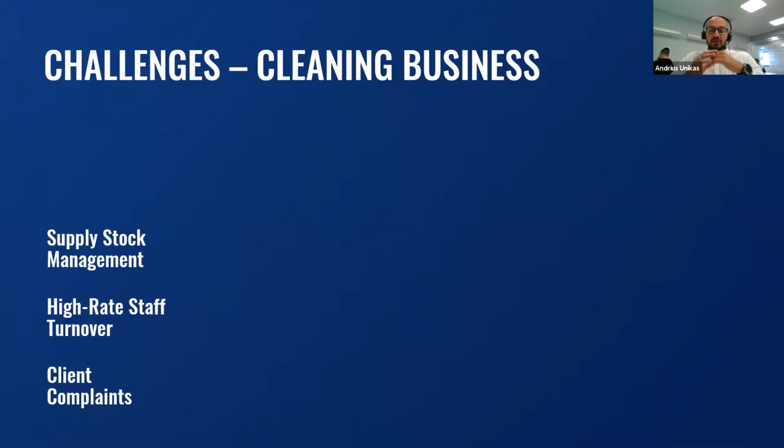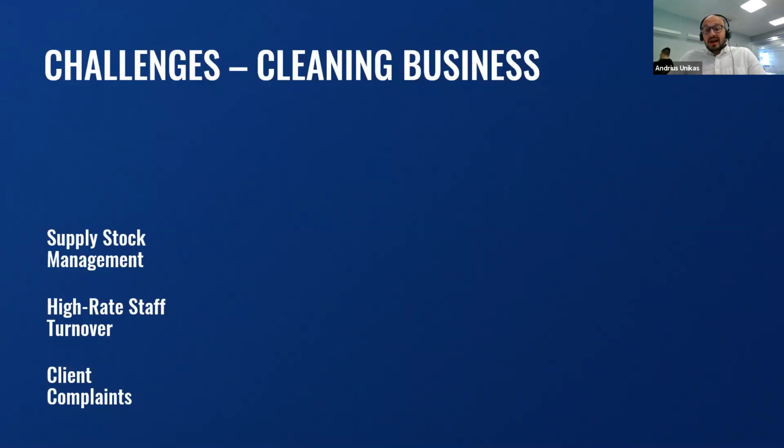Therefore, some of the most common difficulties are to schedule and assign workload for cleaners for regular check-ins in various buildings. And you know that cleaning businesses have hundreds of offices, hundreds of places where they need to send their staff.